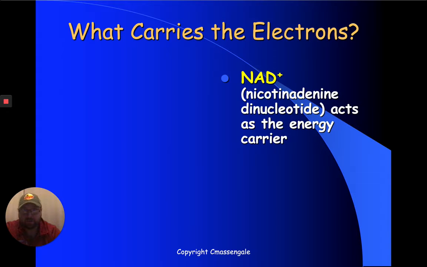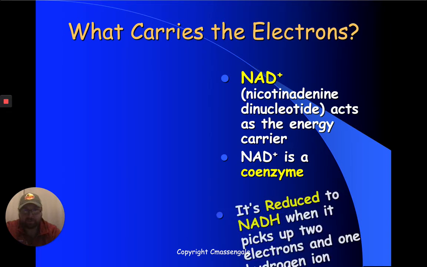All right, so what carries the electrons? Well, there's these molecules called NAD+, and they gather the electrons and they gather the hydrogens.